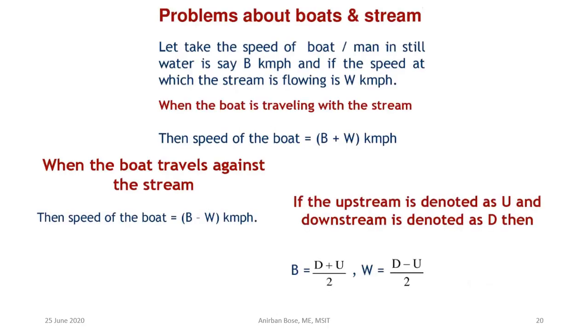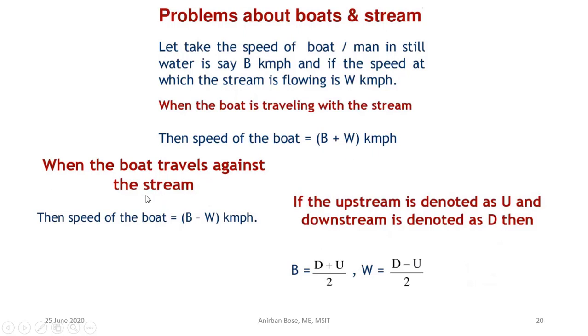Now let us see some of the problems related to boat and stream. Here you have to remember this formula: if the boat is moving in the downstream, that means the velocity of the stream and the boat are in the same direction, then the speed will be b plus w, they will be added up.